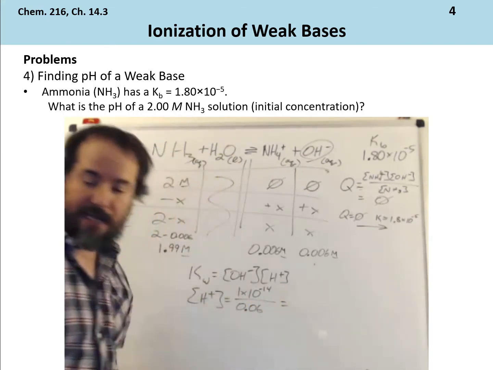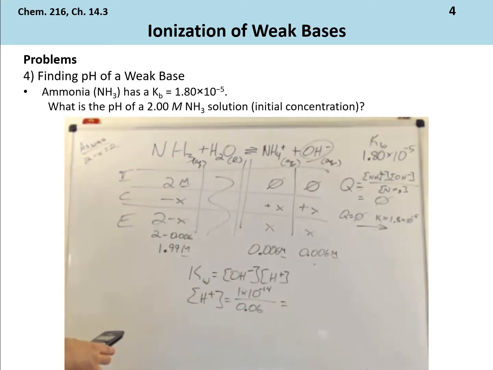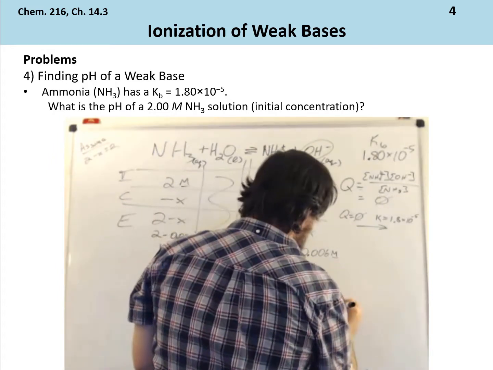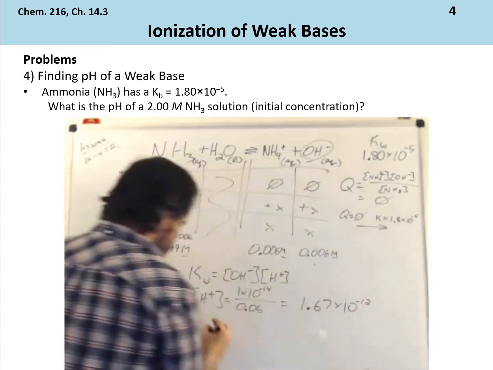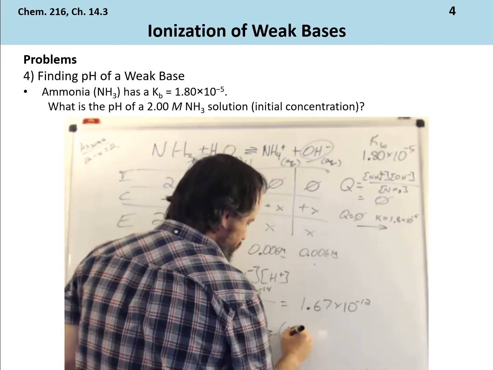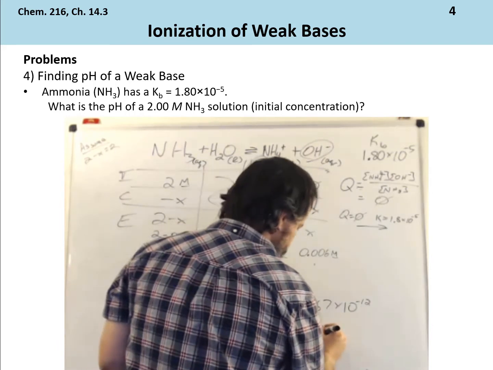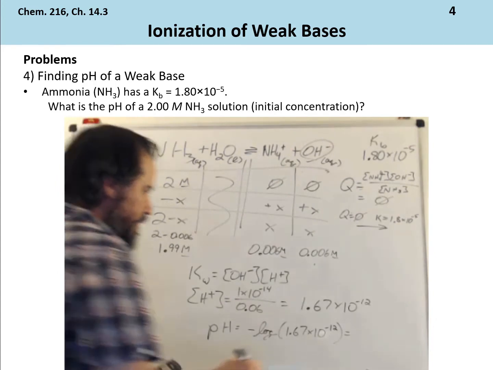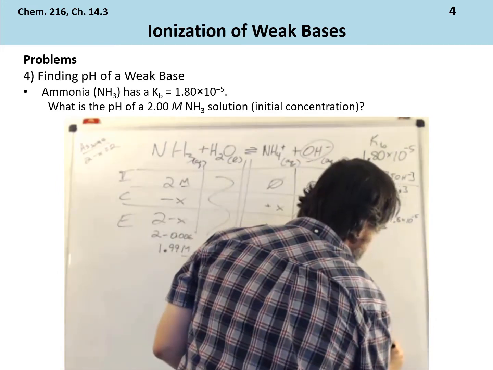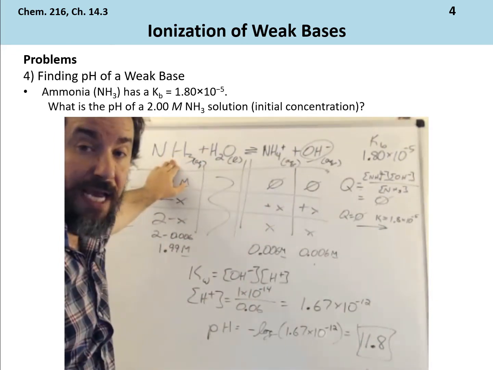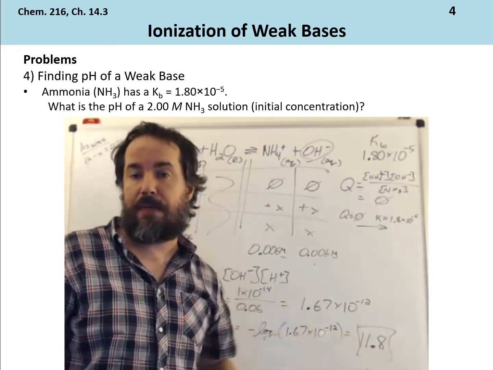Okay? And that's going to give me my H plus concentration, 1.67 times 10 to the minus 12. I now do negative log of this. That's going to give me 11.8. Does this make sense? I start off with a base. I should get a basic pH.